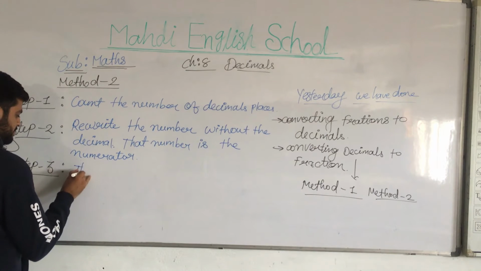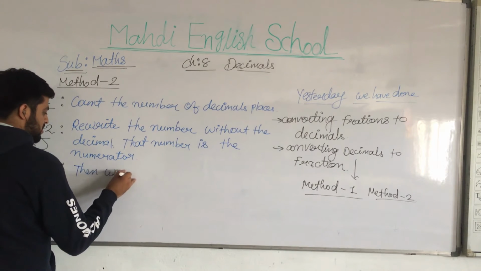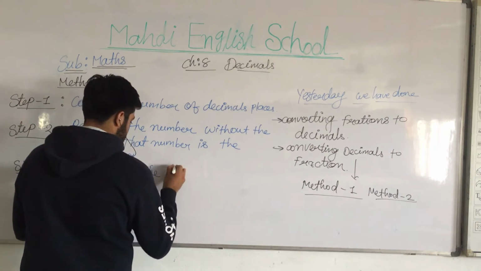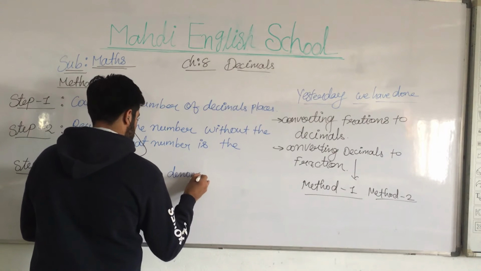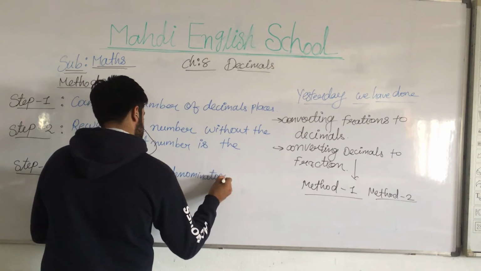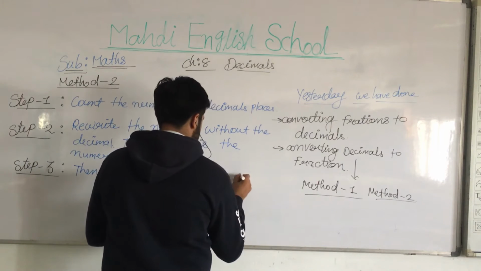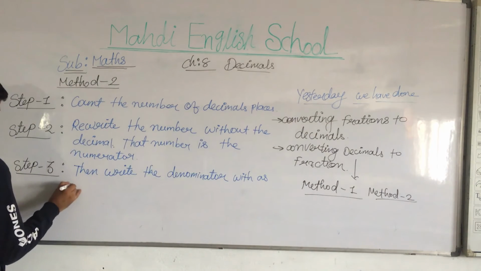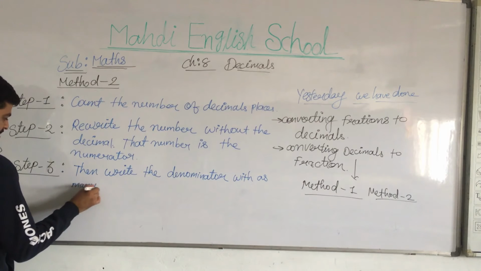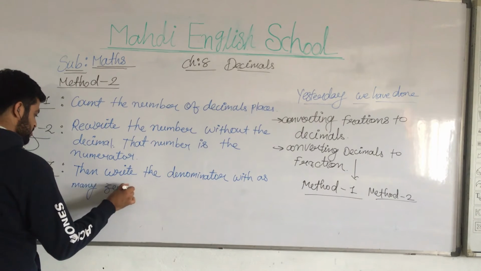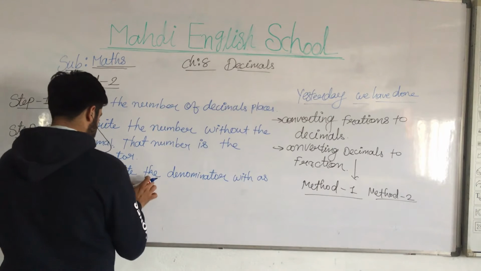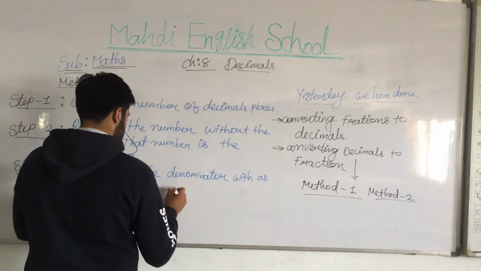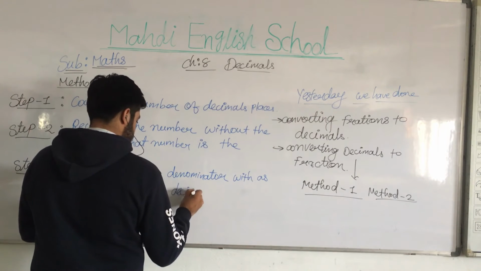Then write the denominator with as many zeros as the decimal places.